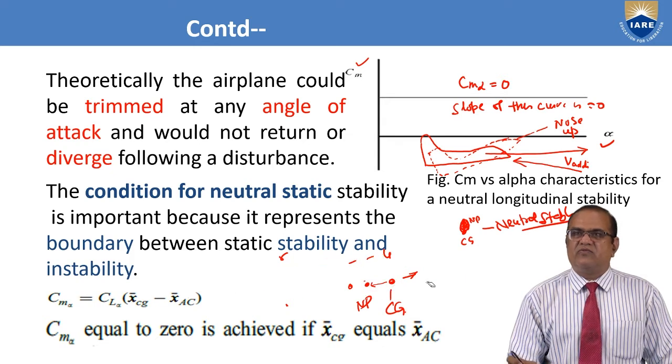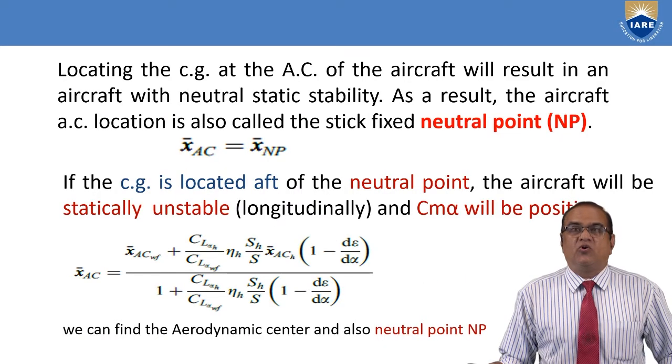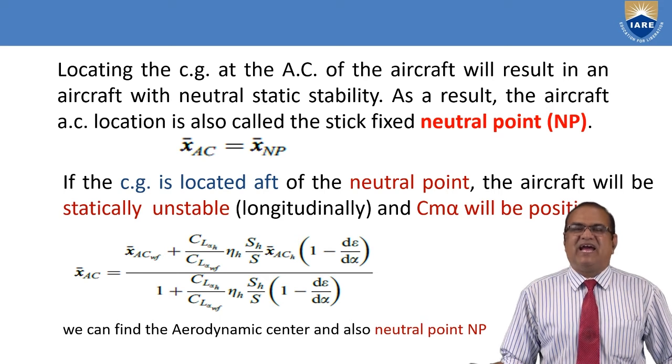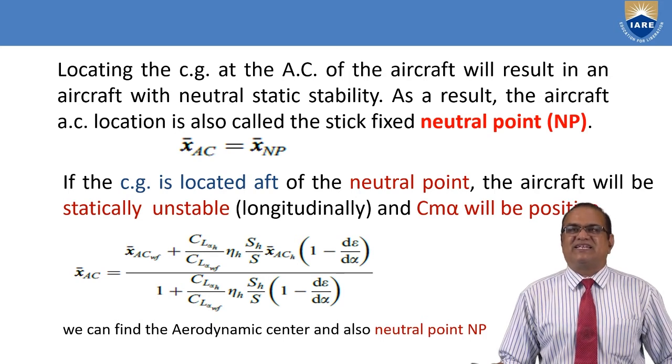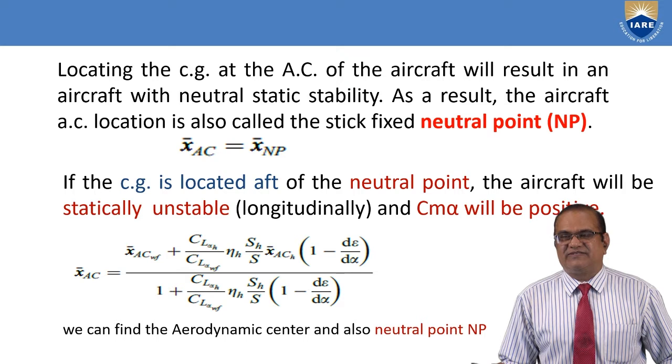Now, this location of the center of gravity at the aerodynamic center of the aircraft results in an aircraft with neutral static stability. As a result, the aircraft aerodynamic center location is also called the stick fixed neutral point, NP.